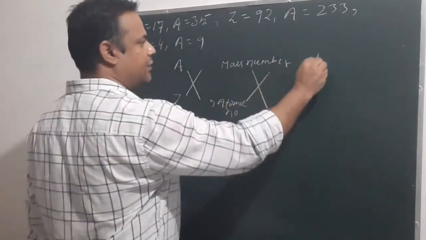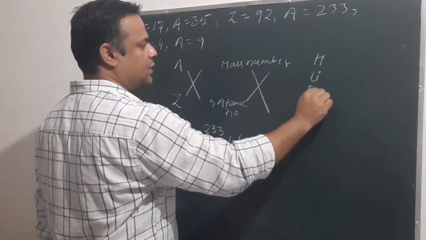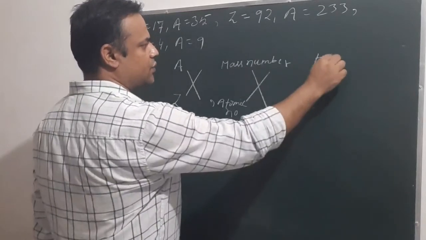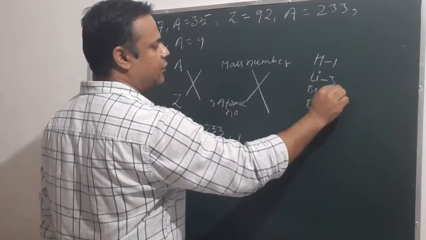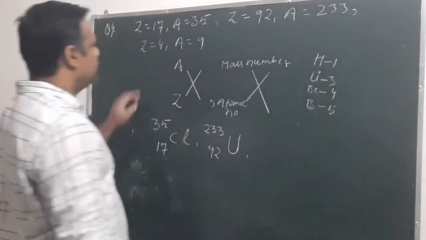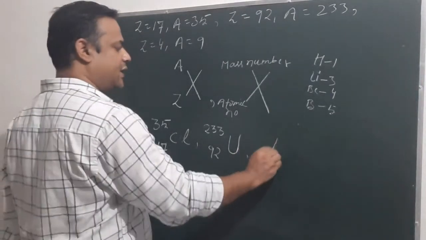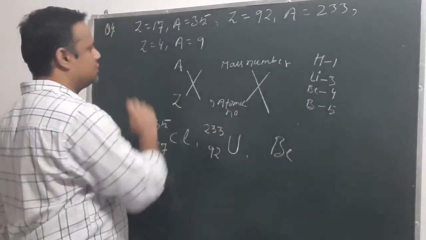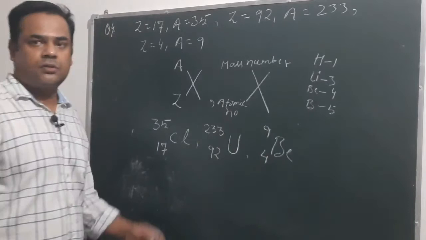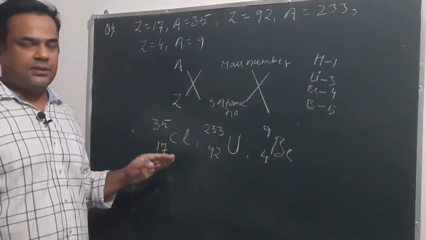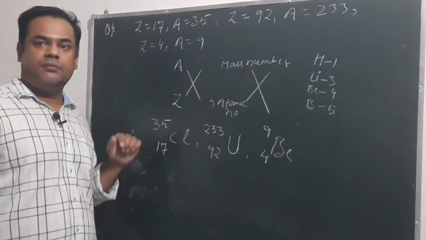If we see the periodic table, hydrogen 1, lithium 3, beryllium 4, boron 5. So here Z is given 4, meaning atomic number is 4, so definitely it is beryllium. So we'll write here beryllium, atomic number is 4 and mass number is 9. So this is the symbol of the element. From here you can calculate number of neutrons also by subtracting number of protons from mass number.